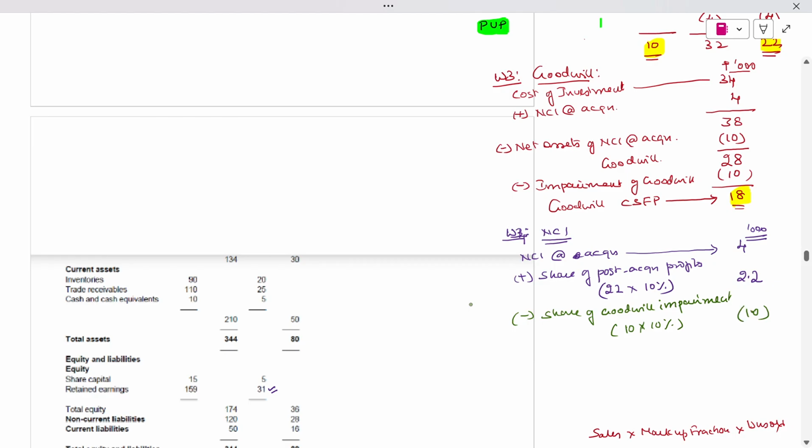How much will you get? That's all, nothing else is there. 4, 6.2 minus 1, 5.2. Check. Is it okay?